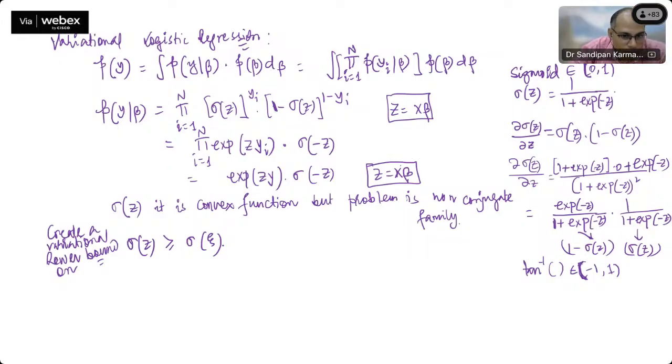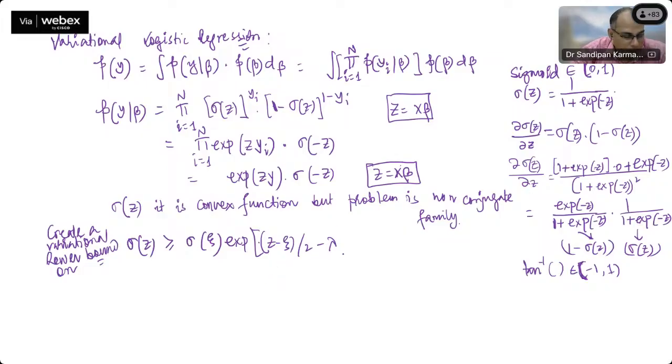So sigma of xi, exponential then z minus xi by 2. I'm writing the final result. This is actually coming from Taylor series expansion.